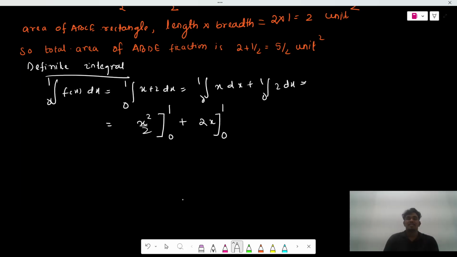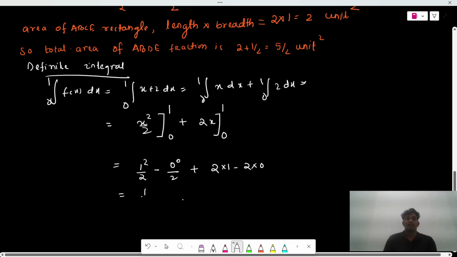Here we have to do one thing: first put the final point at the variable, then subtract, and put the initial point at the variable. So first I put the final point, 1 squared by 2, minus the initial point, plus 2 times final point minus initial point.